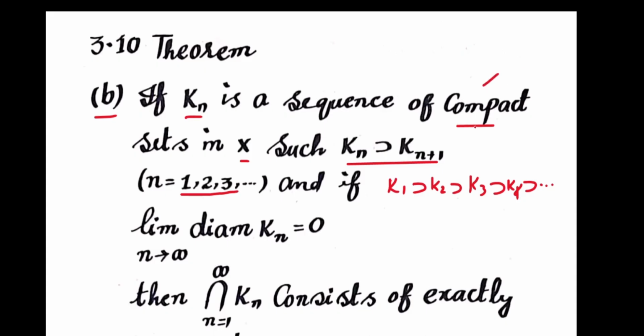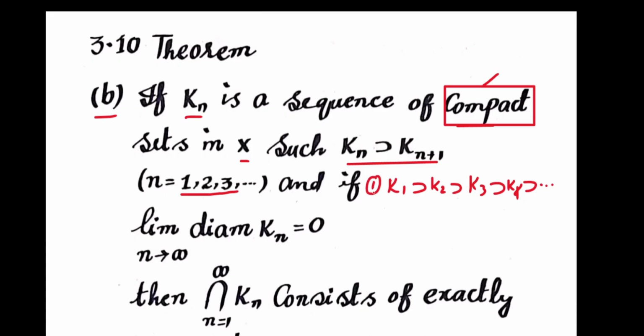What is a compact set? I have already discussed the concept of compact set in chapter number 2. Otherwise, at the end of the lecture, I will discuss something about compact sets. For the time being, we will not use this concept directly. So the first information is that every Kn is a superset of Kn plus 1.